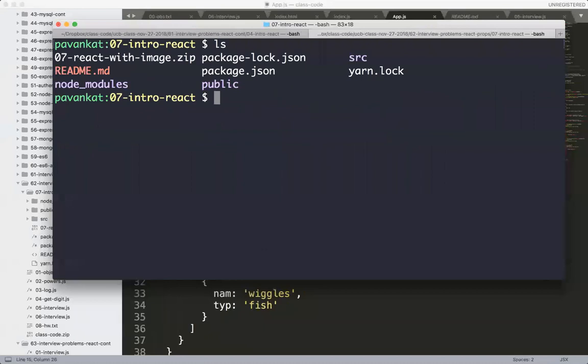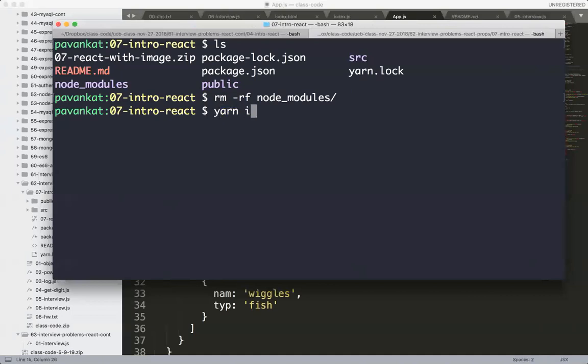Sometimes. Oh, for this example, yeah, just run yarn install in this example too. It takes a while for it to delete. That's how big it is. Yeah, wherever your package.json is, that's where you're going to run yarn install. Right here.